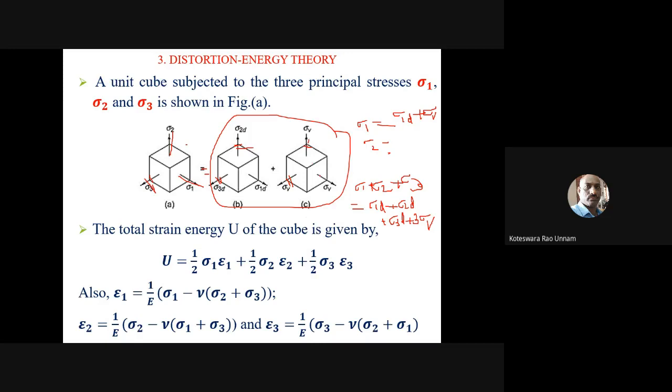Summing these up, sigma v plus sigma v plus sigma v equals 3 sigma v. The left side of the equation is sigma 1 plus sigma 2 plus sigma 3. So using this relation, we have this 3 sigma v.